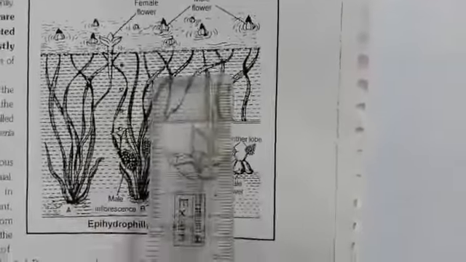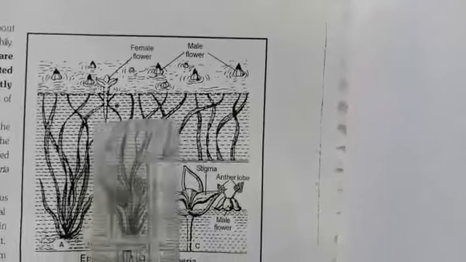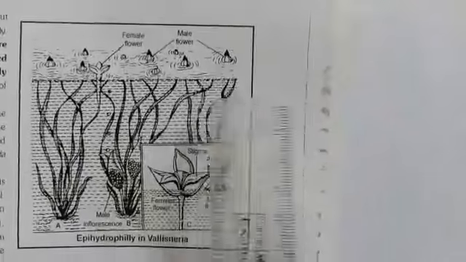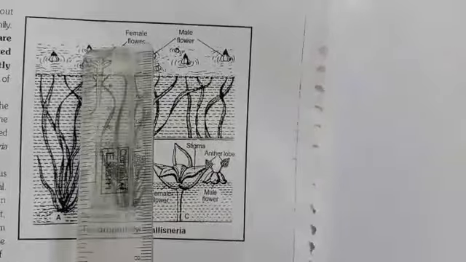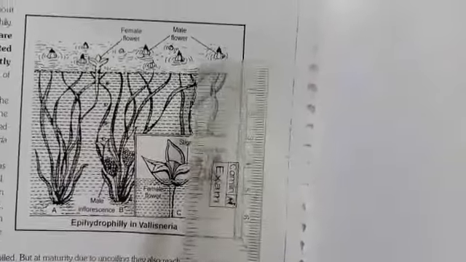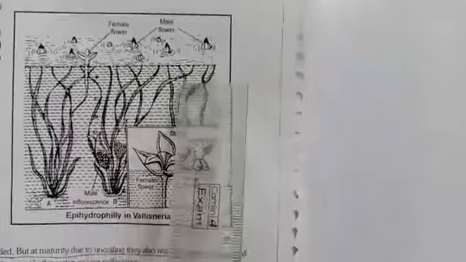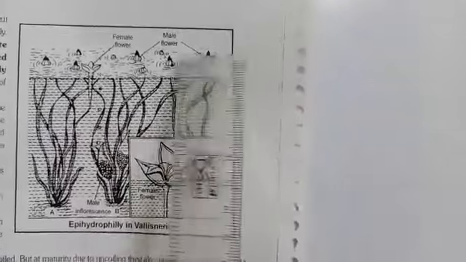Due to bursting of the inflorescence, the male flowers detach from the mother plant and reach the water surface.